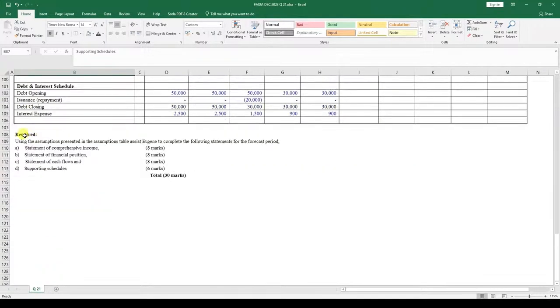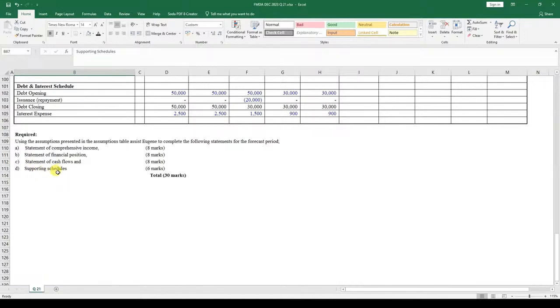We are required, using the assumptions presented in the assumptions table, to assist Eugene to complete the following statements for the forecast period: the statement of comprehensive income, the statement of financial position, the statement of cash flows, and the supporting schedules.